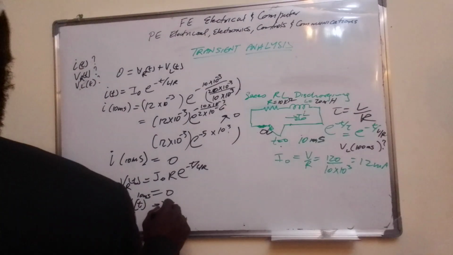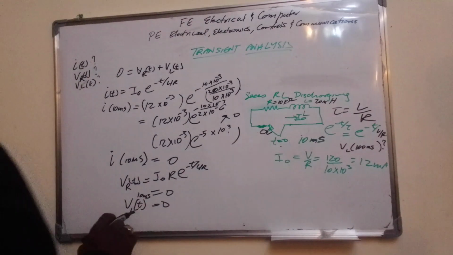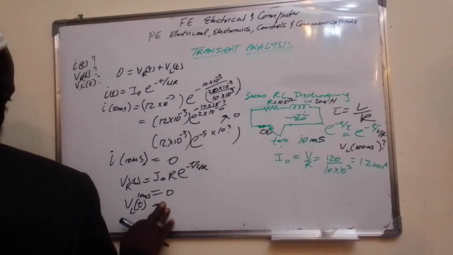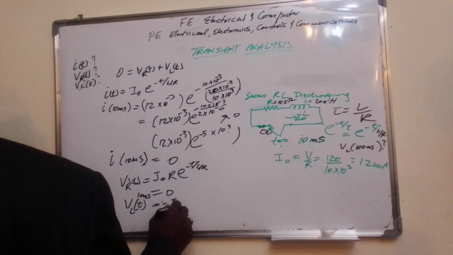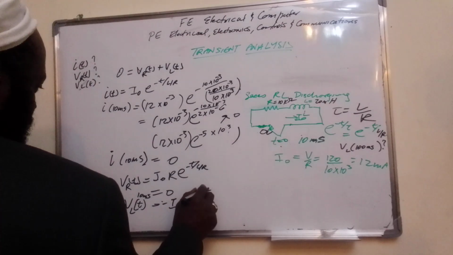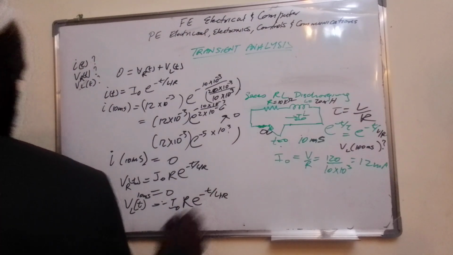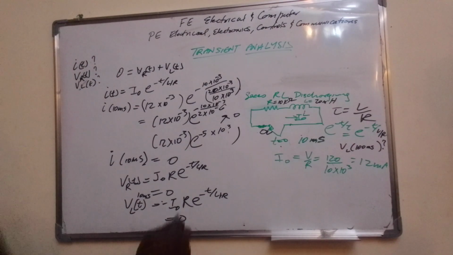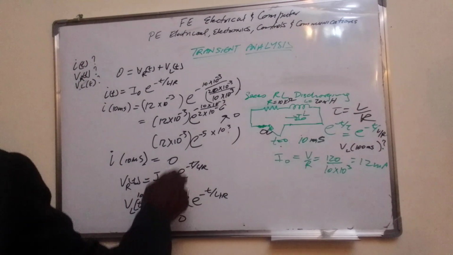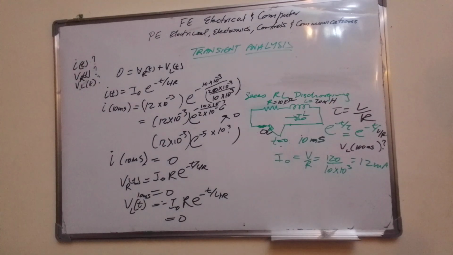Because V sub L is also negative I naught R e to the minus t over L over R, and that goes to 0 too, because this piece is going to go to 0 in both situations, right? So remember again, this is a discharge situation.